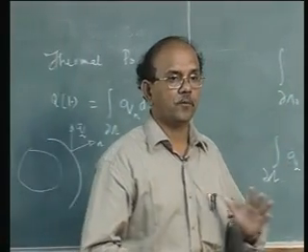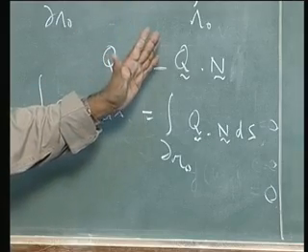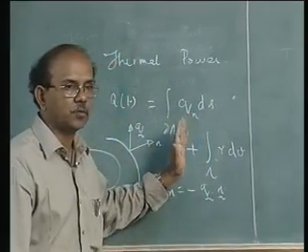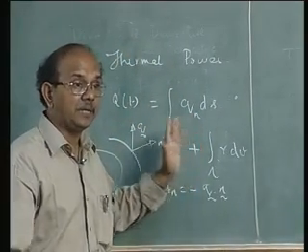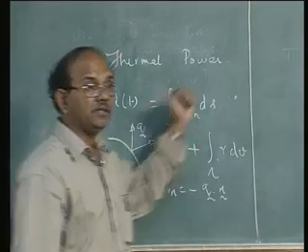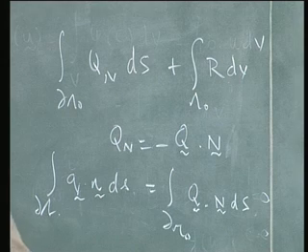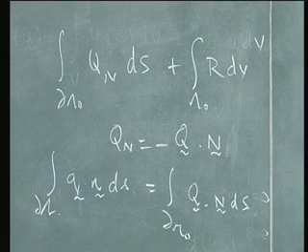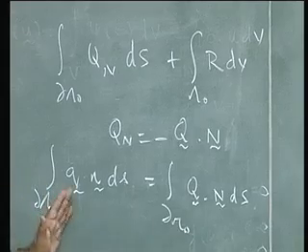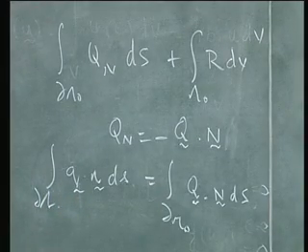If the reference happens to be the current configuration, then this is what we are dealing with. And when I want to refer all my quantities to the reference configuration, then this is the quantity. So please don't get confused between the two. How can the flux be the same? At a time it is the same, and hence I can equate these two.